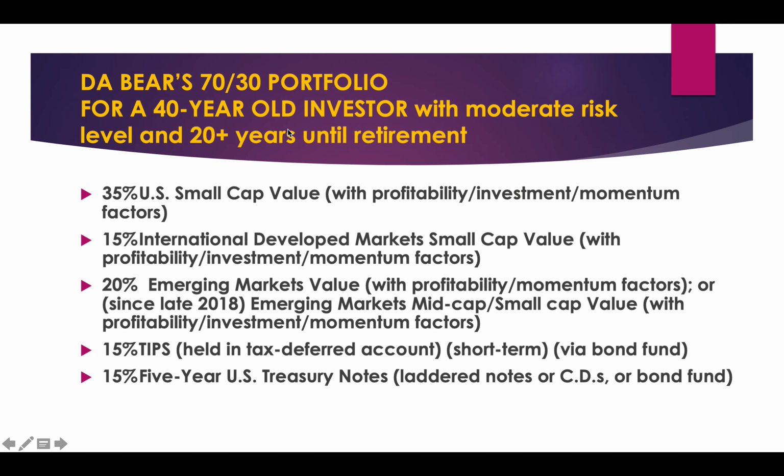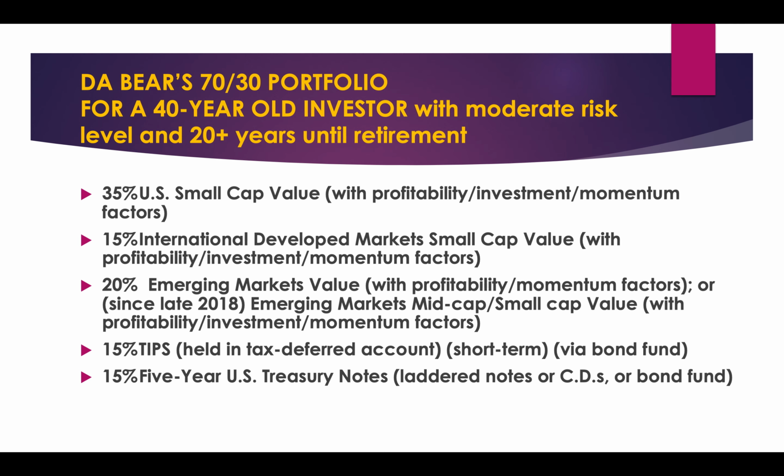So here's an illustration of how a 70-30 portfolio might look for a 40-year-old investor with moderate risk. I'm taking the Larry portfolio principles but applying them to somebody who's not retired yet, someone younger.